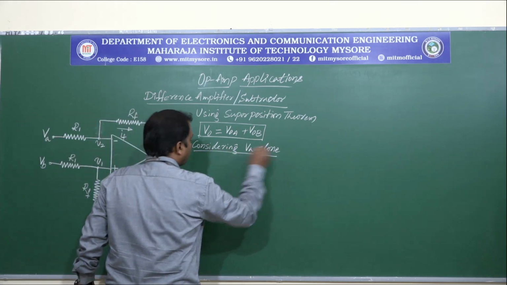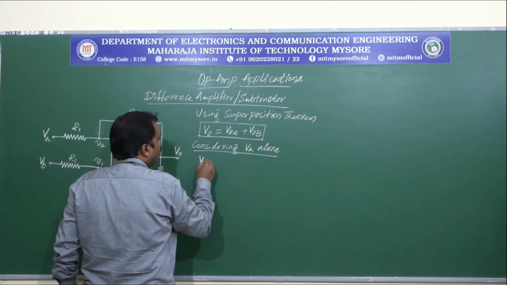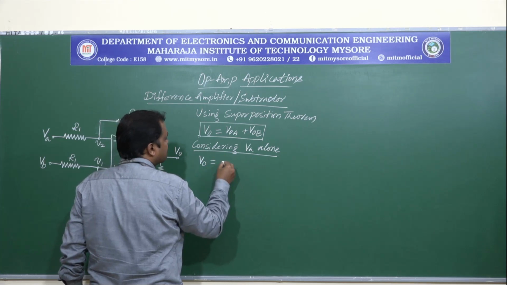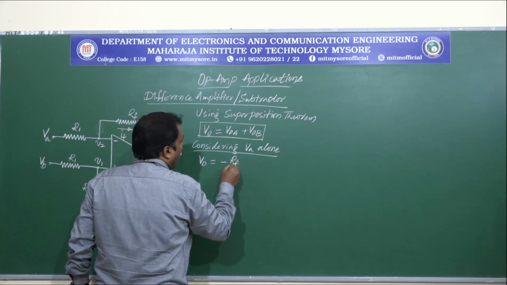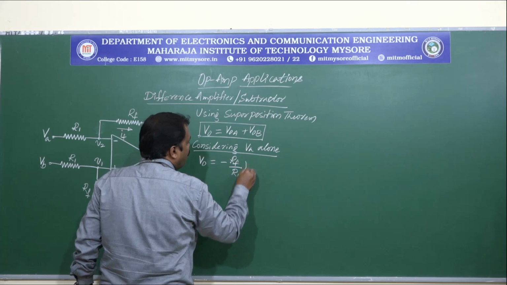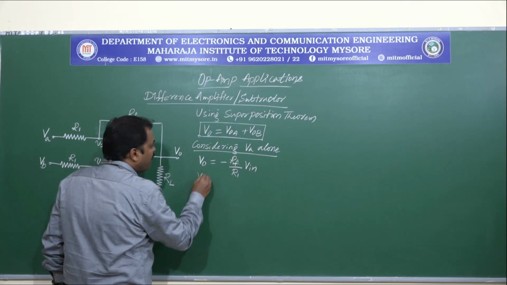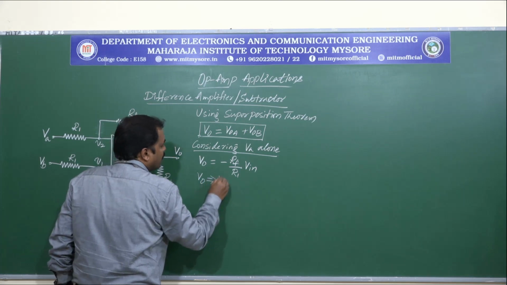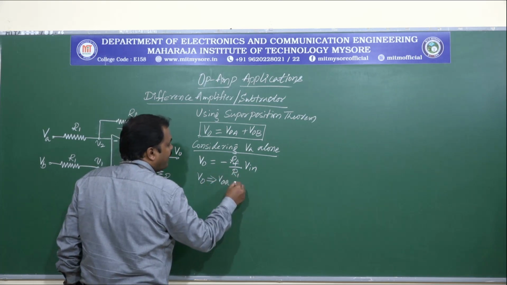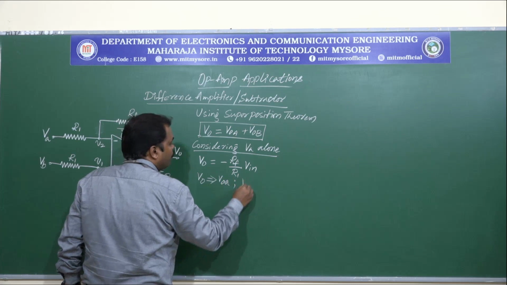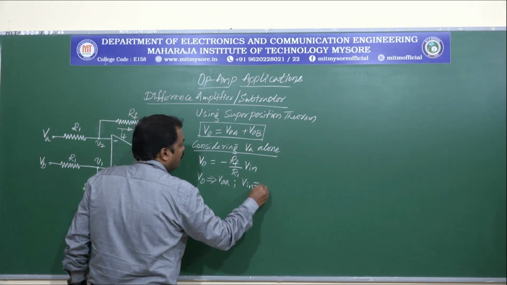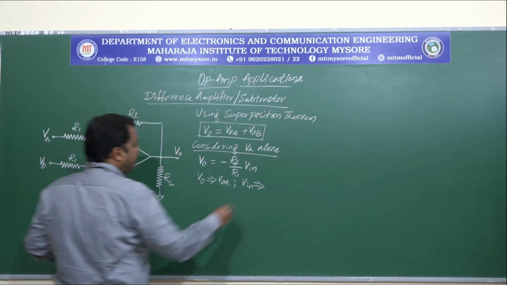V0 for an inverting amplifier is given by minus RF by R1 into Vin, whereas V0 is V0A and Vin is VA.